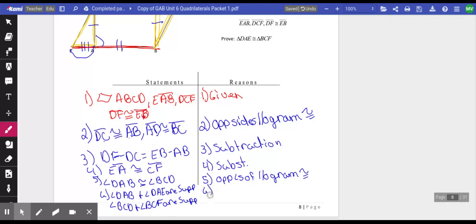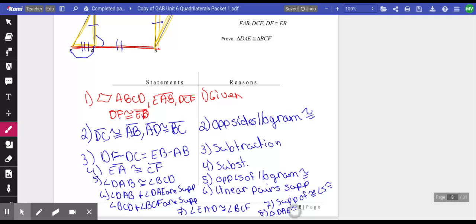That's because linear pairs are supplementary. They make a straight line. Then knowing that, I can say that angle EAB or EAD is congruent to angle BCF. Supplements of congruent angles are congruent. And then finally, I have my triangles by side, angle, side.